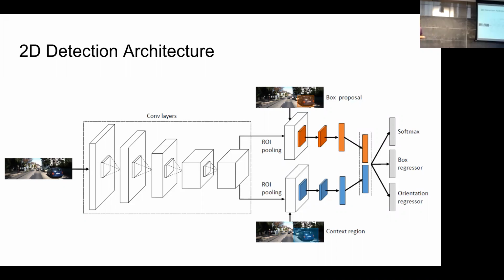Now, before outputting the final layer, you concatenate all these features, and then you have three different multitask losses here. You have a softmax, and then you have bounding box regression and orientation regression at the same time. One thing to note is that the bounding box regression and orientation regression here use smooth L1 loss for robustness, and they also claim it is really helpful for sensitivity, since these values are unbounded.